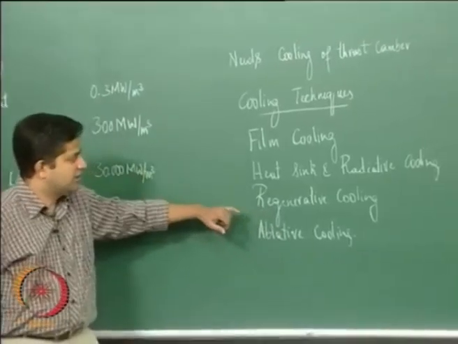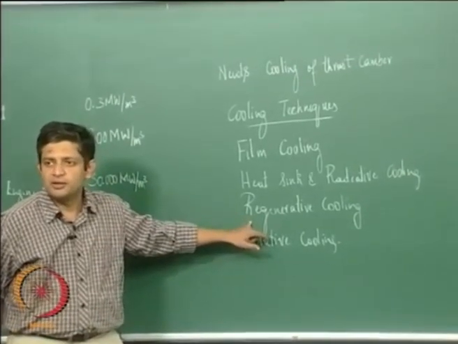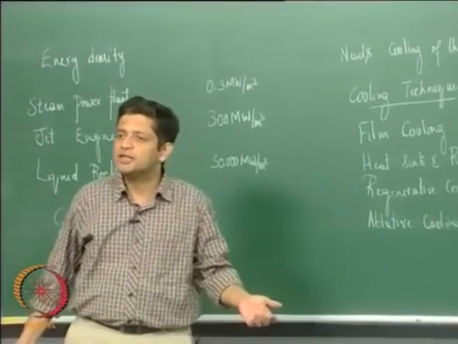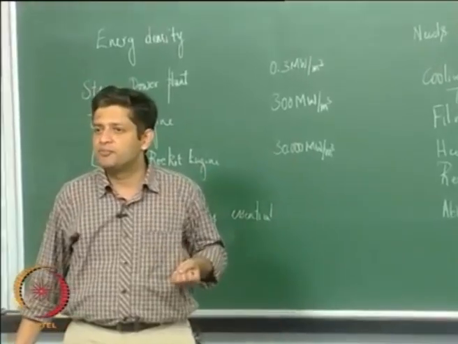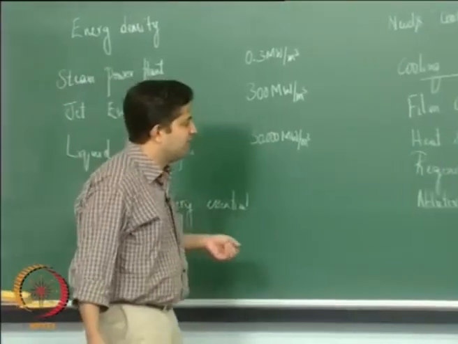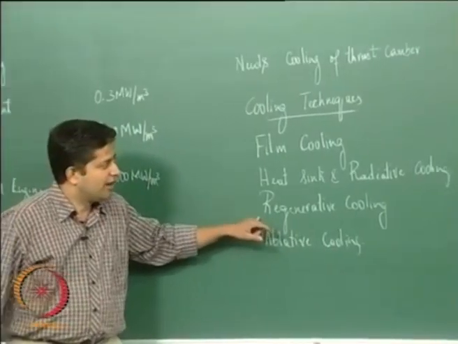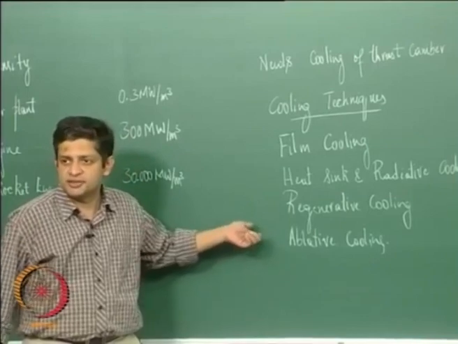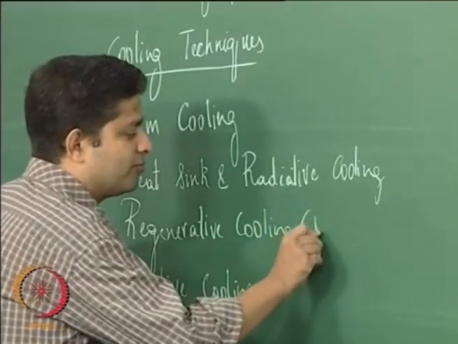As we discussed the other day, regenerative cooling is a very efficient way of cooling, primarily because whatever heat is lost to the walls, a significant portion of it is brought back into the system. So this has very little heat loss to the surroundings, whereas the others are not so efficient as this.